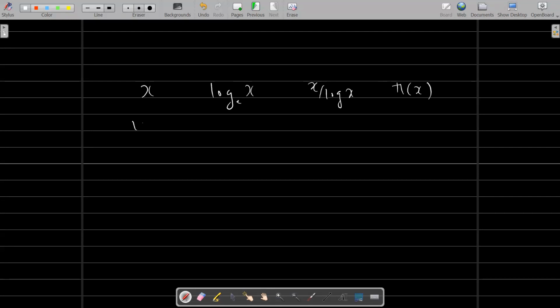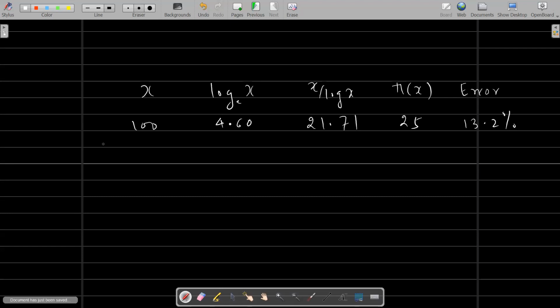So for x equal to 100, this log is about 4.60 approximately, and then x by log x is, up to 2 digits, 21.71, whereas the exact value is 25. So the error is around 13%. But as the value of x goes on increasing, the error goes on reducing.